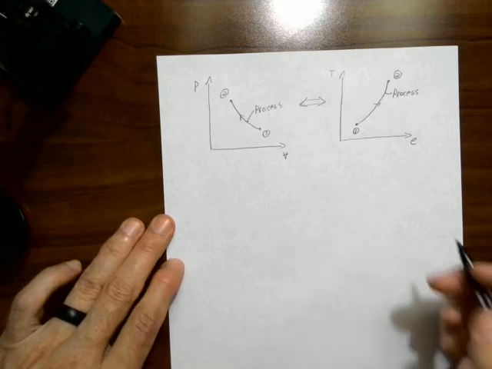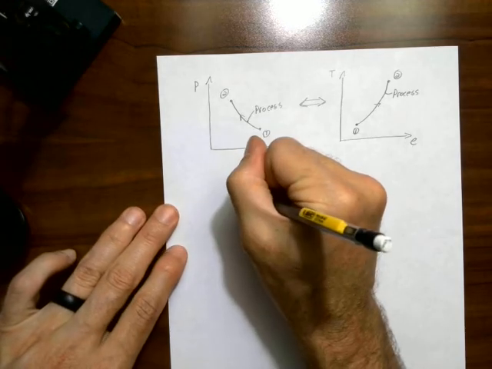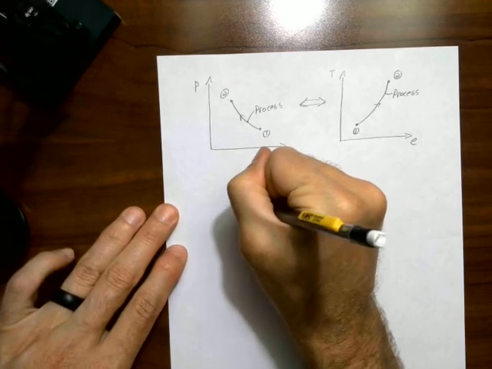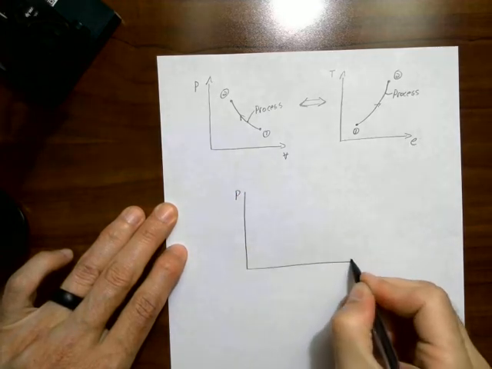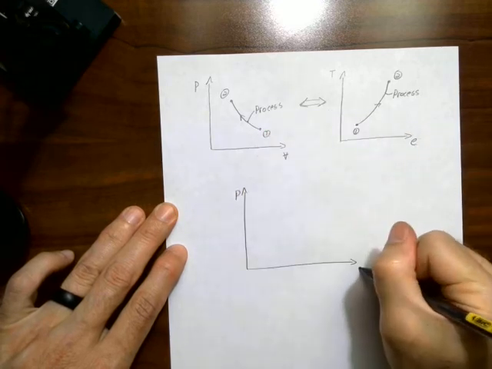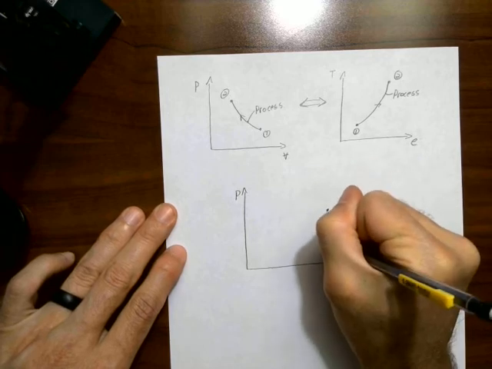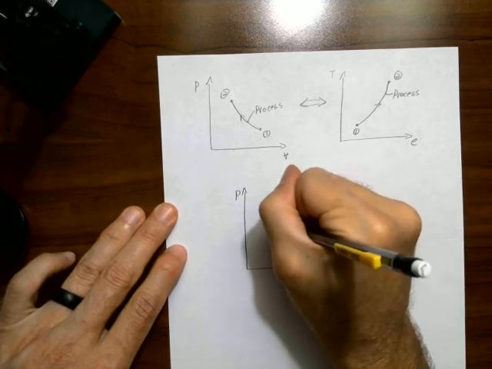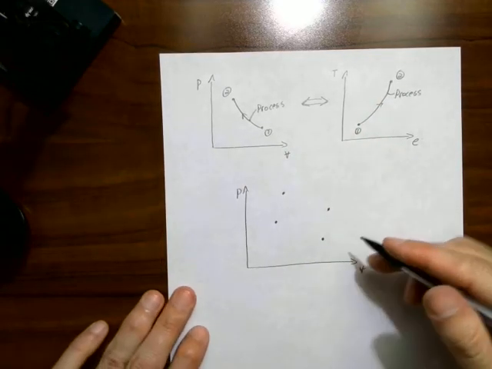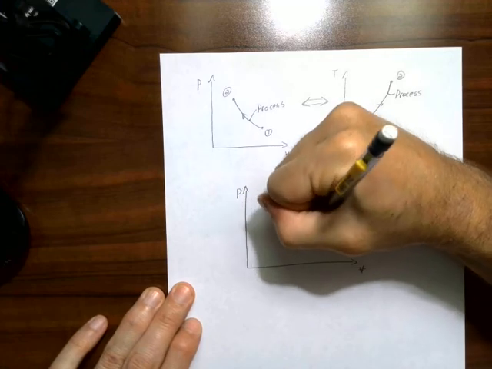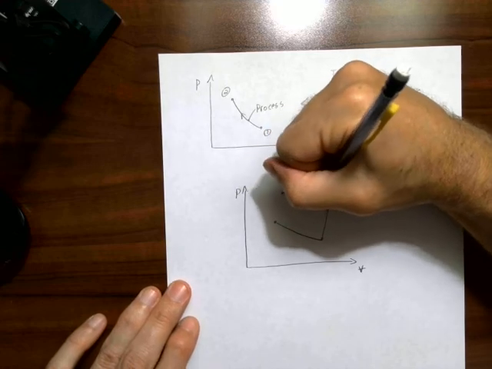And I can take these processes and chain them together. Every point in this diagram constitutes a state of our system, and every one of these lines constitutes a process.